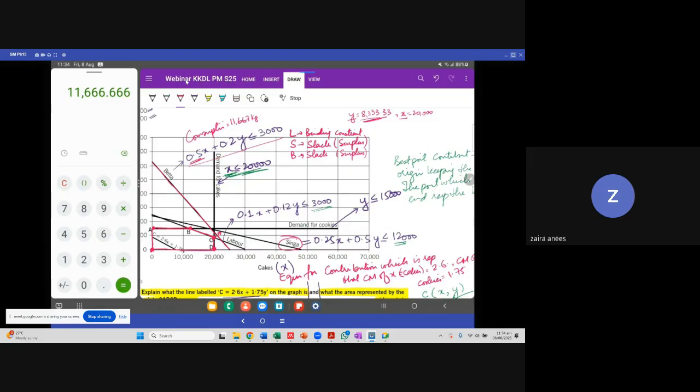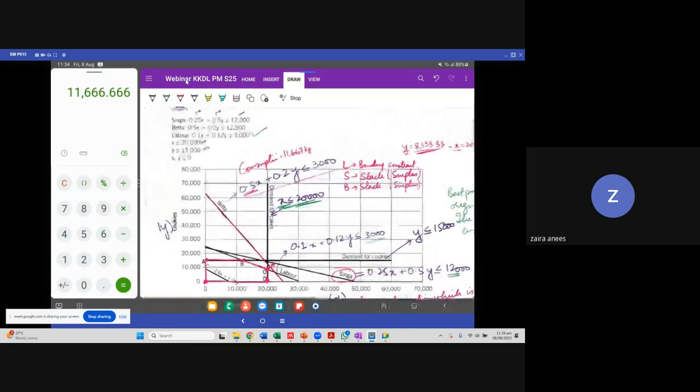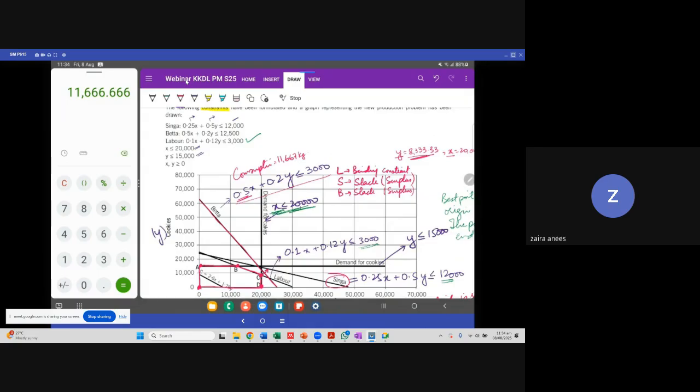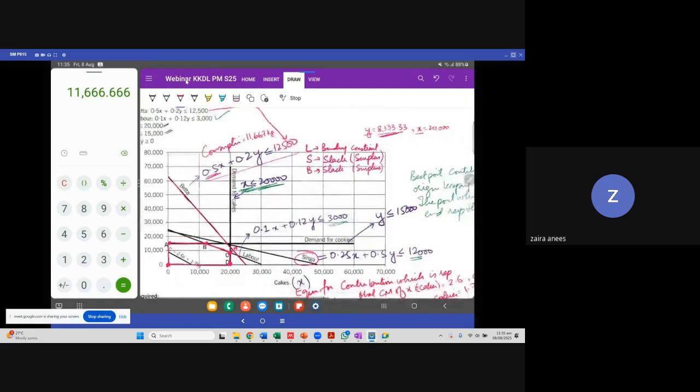Have I written the correct equation? 0.5 into 12,000, sorry, 12,000. This one. So this is 11,667, sorry, yeah, I did it wrong.